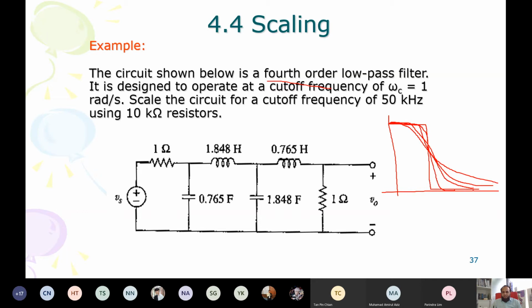Understand? We are complicating the circuit hardware, and with that we can achieve a better shape of the magnitude response. So of course this is not a good filter because it is only letting very small, although the cutoff frequency is somewhere over here, but it is deteriorating, attenuating the amplitude here.